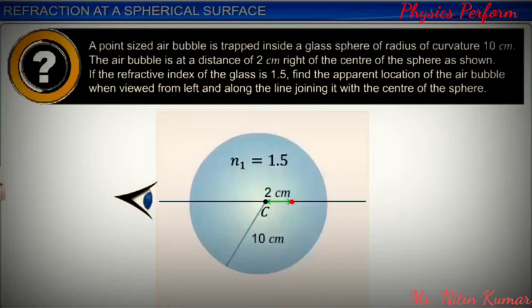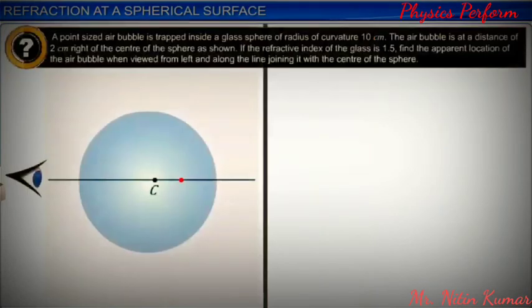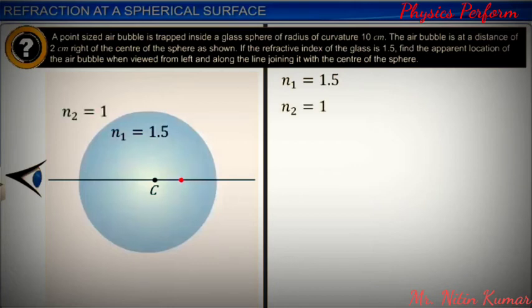Solution. The refractive index of the medium in which the point object is present, N1, is equal to 1.5. Since the other medium is air, N2 is equal to 1. Let B be the point of intersection of the principal axis and the spherical surface that lies in the direction of the viewer.